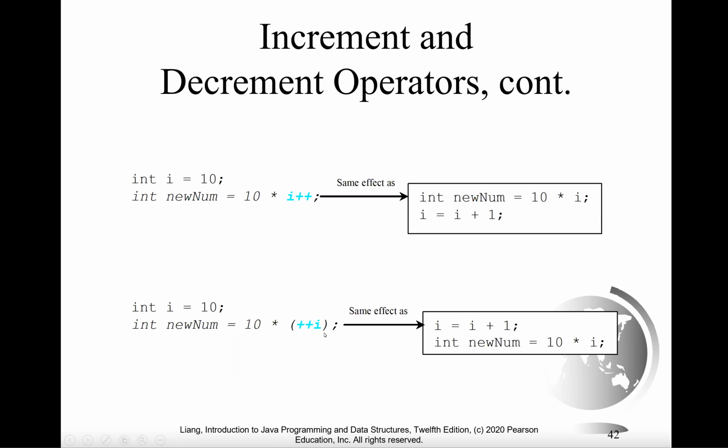And now the new value of i, 11, is used in 10 times 11, so 110 is the result in newNum. So this line is the same as writing these two lines: first i plus 1, and then use this new i in the expression.